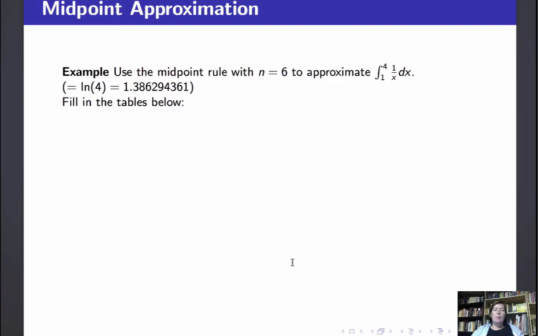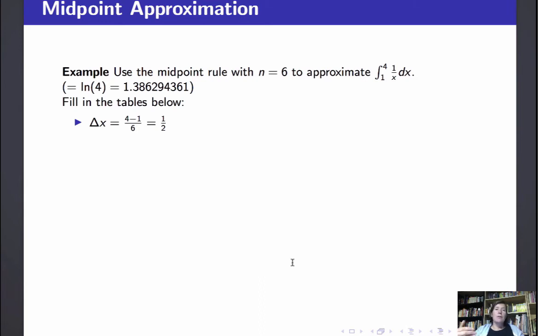Let's use our formula to find an approximation to the integral from 1 to 4 of 1 over x dx with 6 approximating rectangles. Now, we've already looked at the picture of this in Mathematica, but let's apply our algebraic formula to find the actual approximation. Delta x here is b minus a over n, so it's 4 minus 1 over 6, which is 1/2.